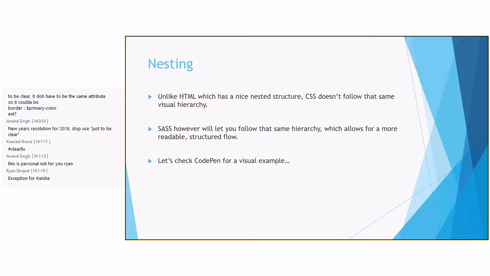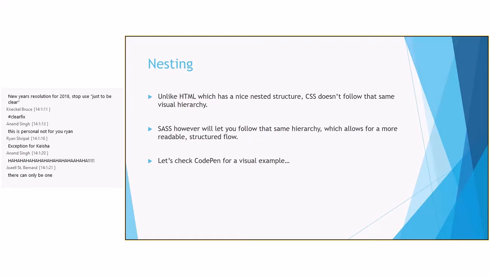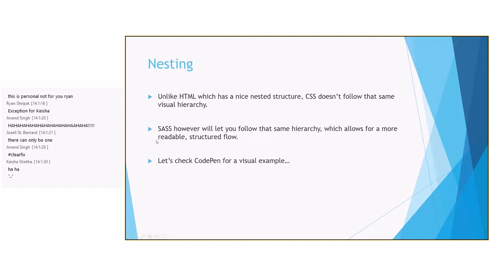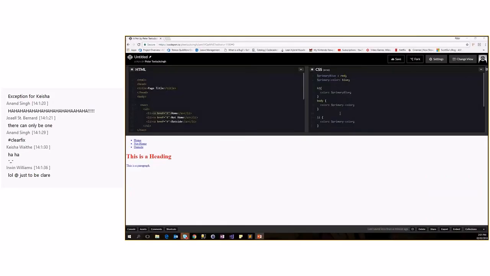In HTML, you would start off with your body tag, then like how we have the UL tag, LI, and then inside of that, and you keep indenting and going down. CSS doesn't have that, but SASS allows us to do something like that, which is very easy on the eyes when you're reading the file. It also helps with maintainability because of how easy it is to read.